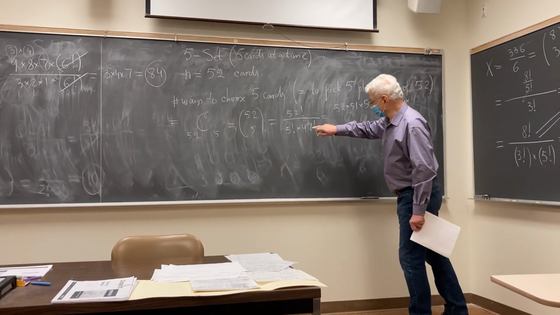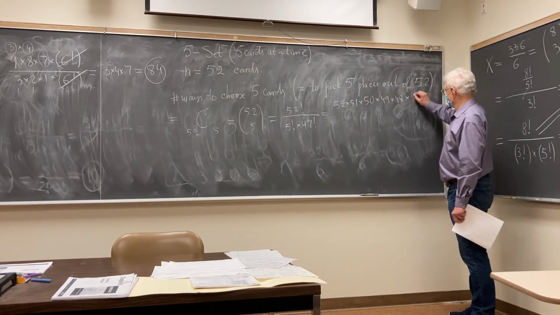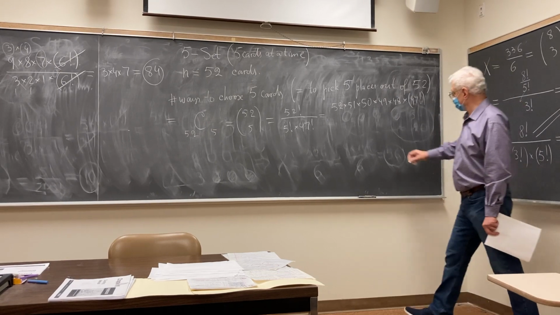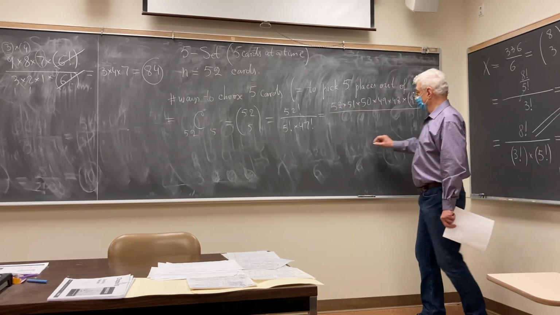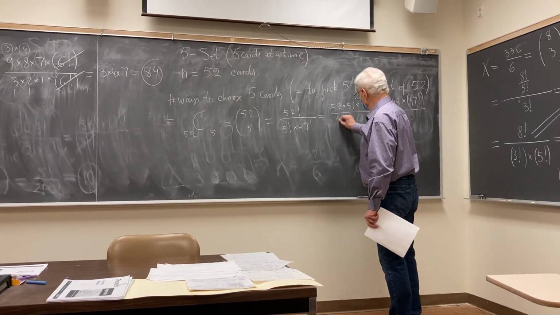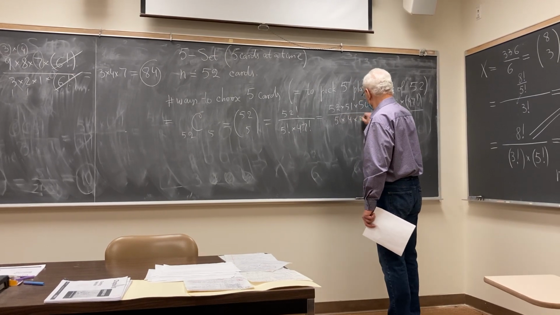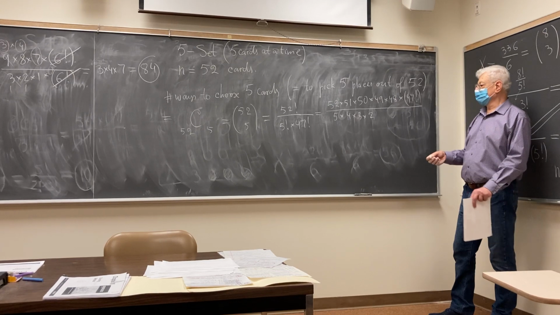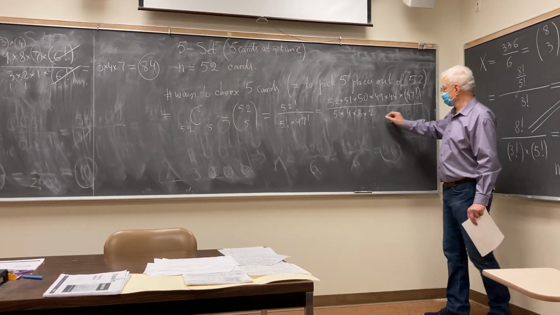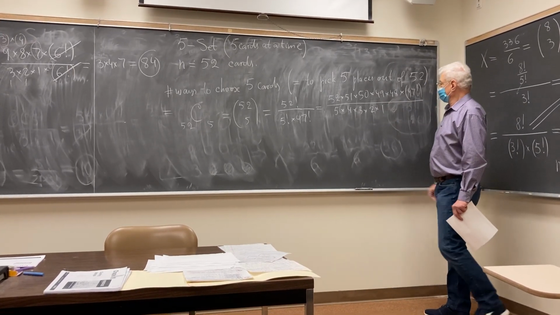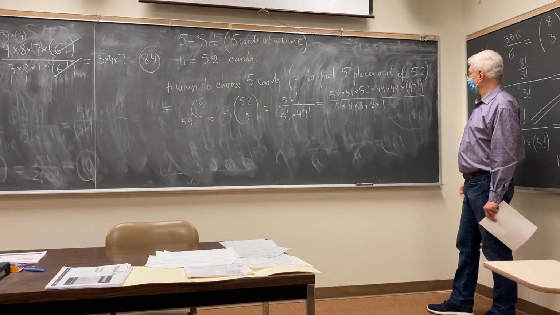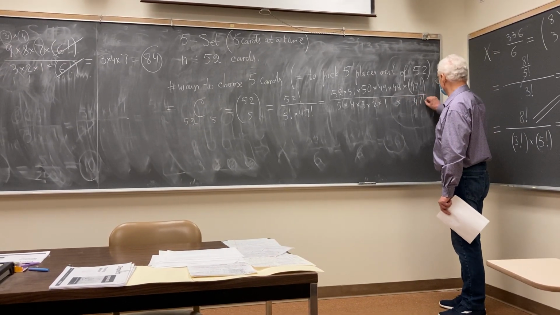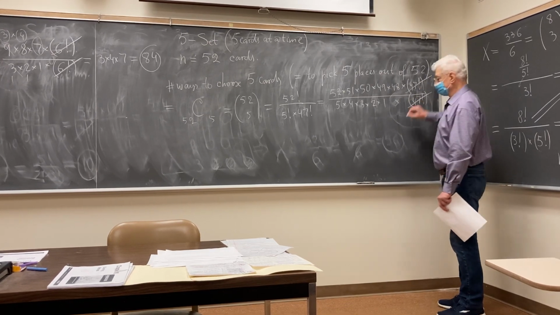But now we see 47 factorial is here, so you just write 47 factorial instead of writing all the numbers to the end. Divide by 5 factorial, which is 1, 2, 3, 4, 5, times 47 factorial. And 47 factorial cancels out.